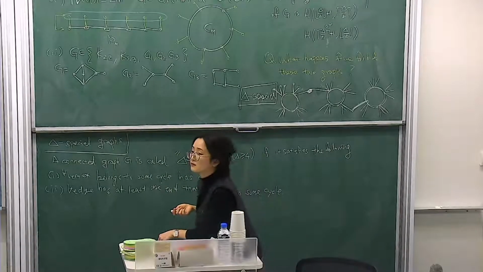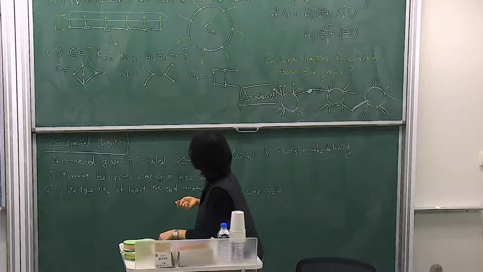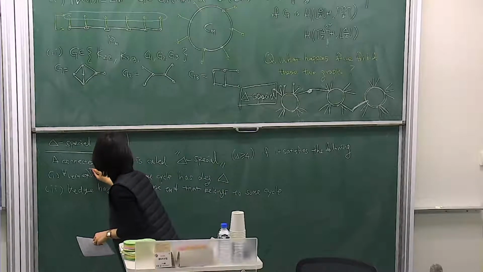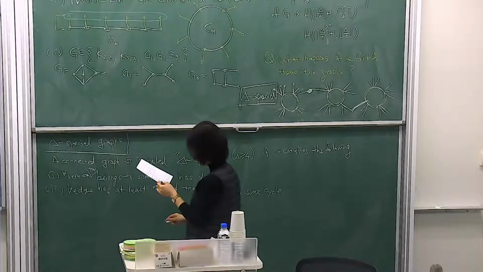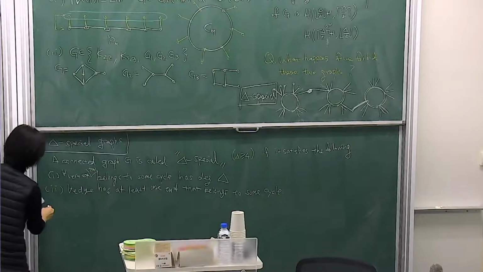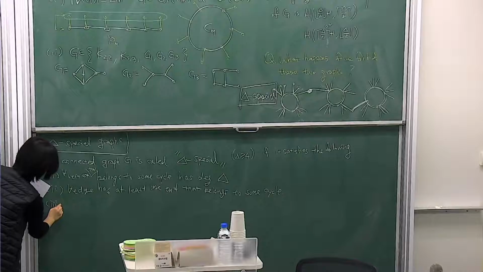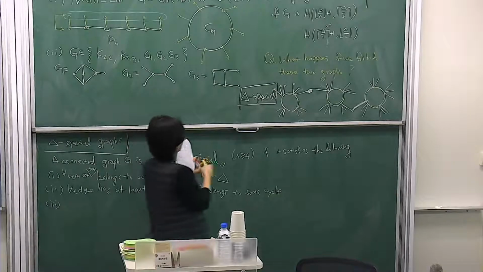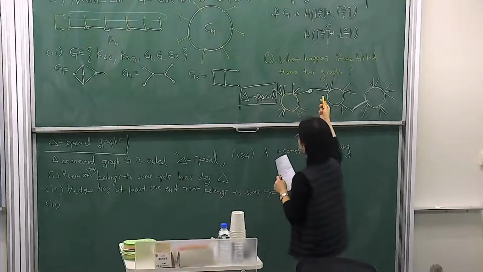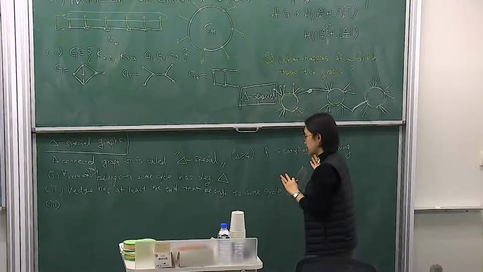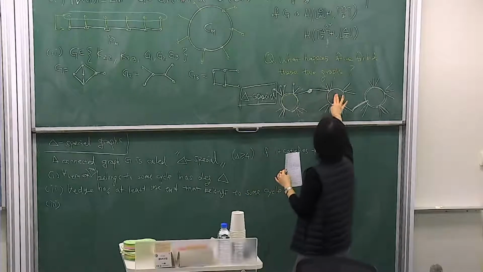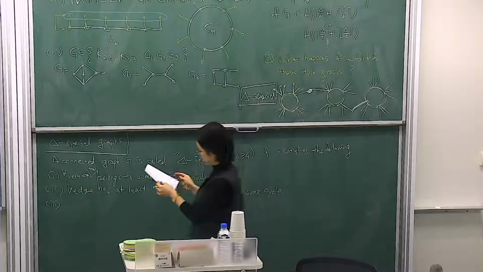And the last condition is, consider the subgraph induced by the vertices contained in some cycle. Then each component is either a clique or an odd cycle.